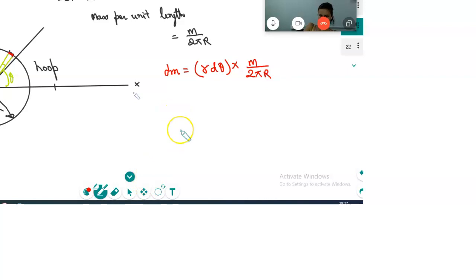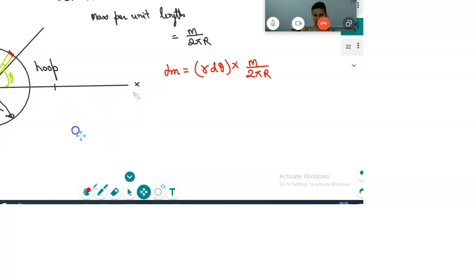Is it clear? r d theta, mass per unit length. No doubt here? First I am taking the length, correct na? And mass per unit length I am multiplying. So you are getting the mass of this small piece. If you have not understood, I will give one more example.